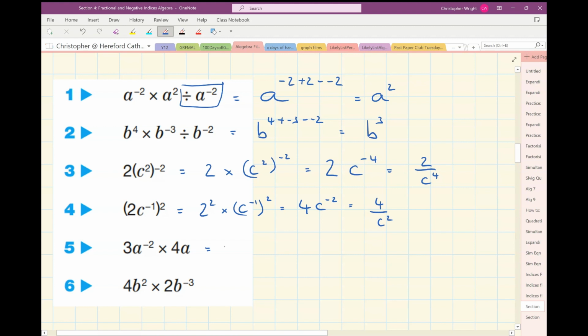3 times 4 is 12. A to the power of minus 2 times a is a to the power of minus 1. So 12 over a. And number 6, 4 twos are 8. B squared times b to the power of minus 3. 2 plus minus 3 is minus 1. 8 times b to the power of minus 1. 8 over b. Moving on.